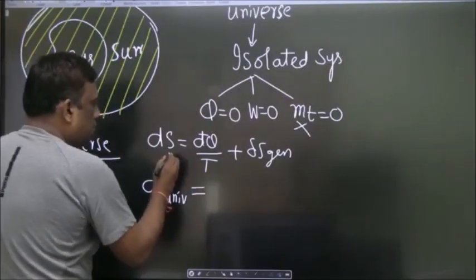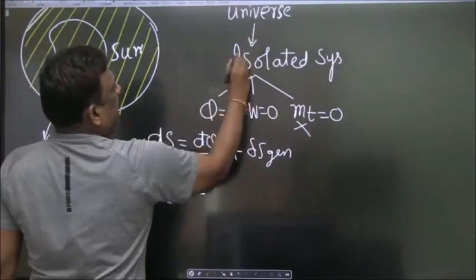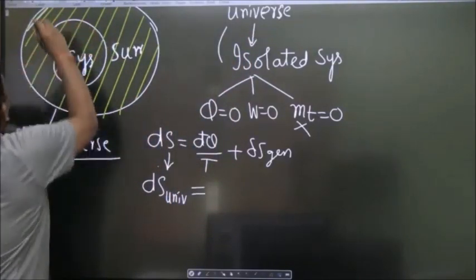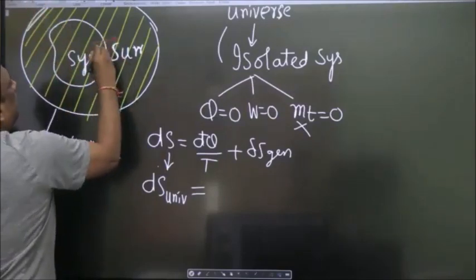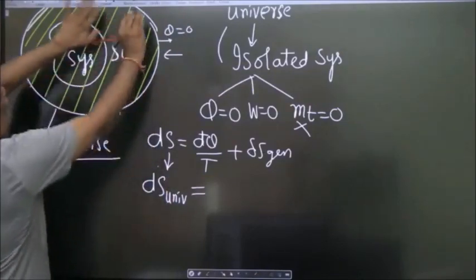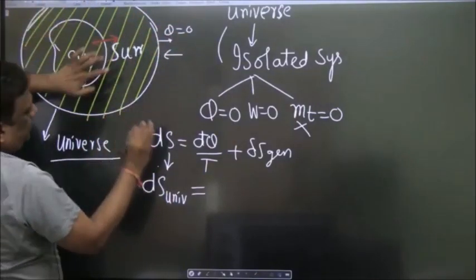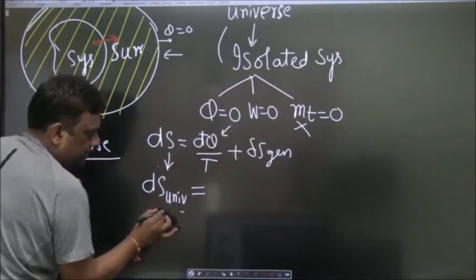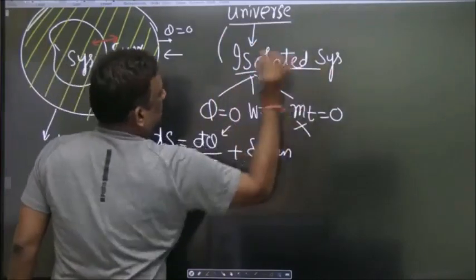And everyone knows the universe is an isolated system. See, system and surroundings, whatever is occurring, it is occurring in between only. From the universe boundary, no heat transfer is taking place. So for the universe, heat transfer is zero, because the universe is an example of an isolated system.